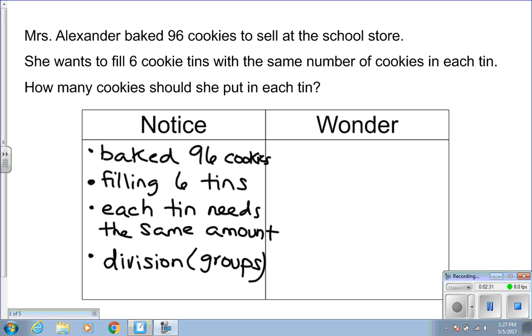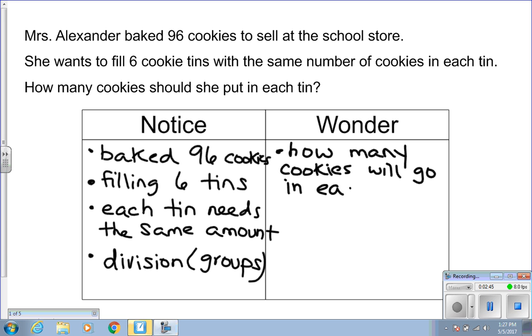How many cookies will go in each tin? Sounds good to me. Okay, cool.